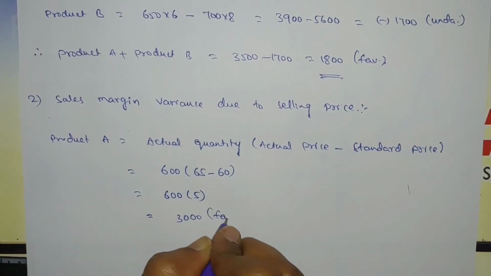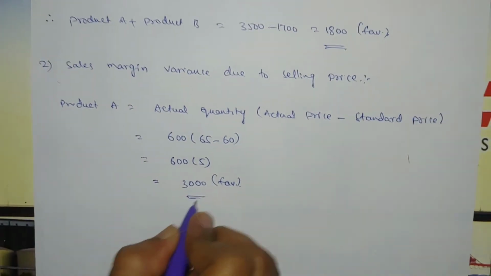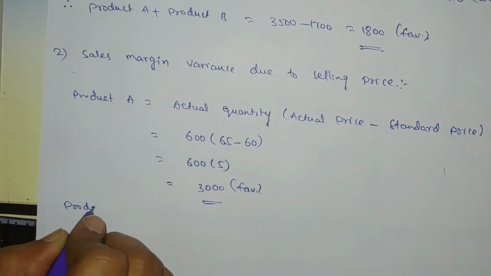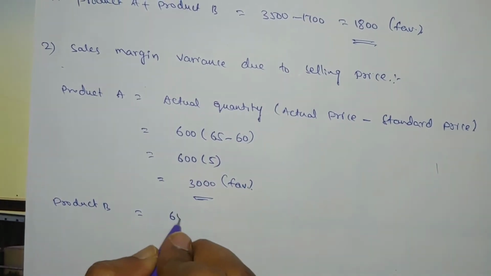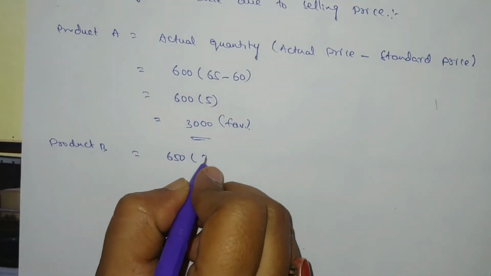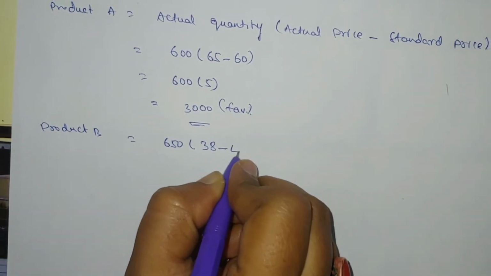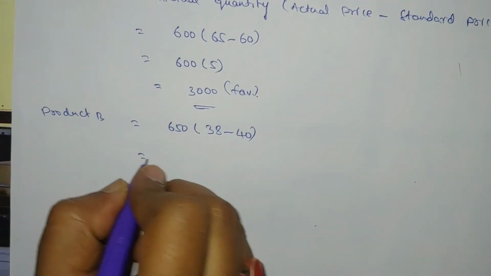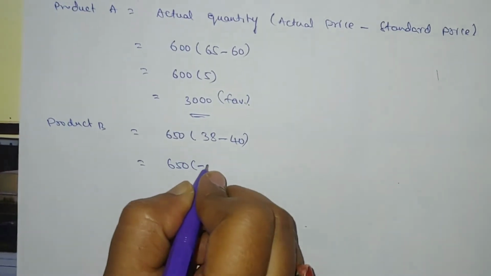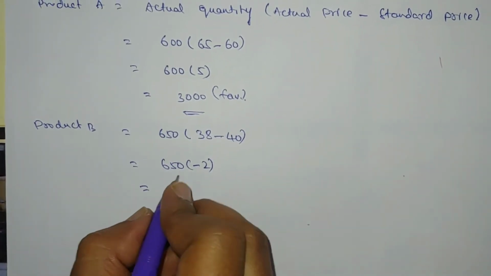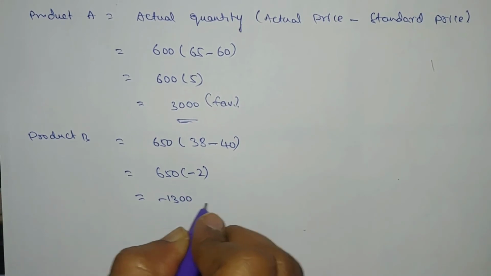It is favorable. Next, product B is equal to actual quantity 650 into actual price 38 minus standard price 40 rupees. 650 into (38 minus 40) is equal to 650 into minus 2, which is minus 1300.